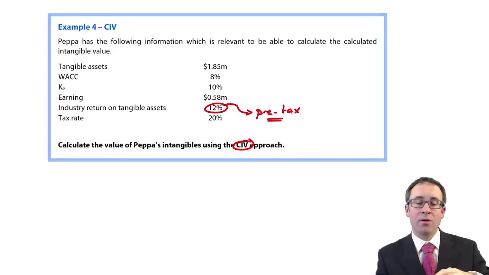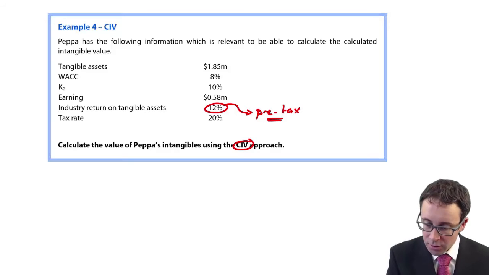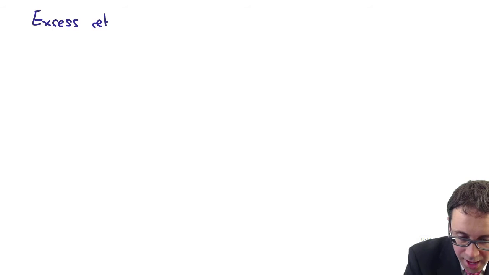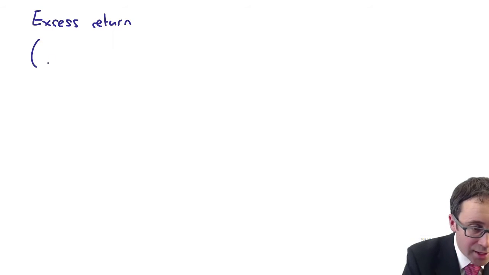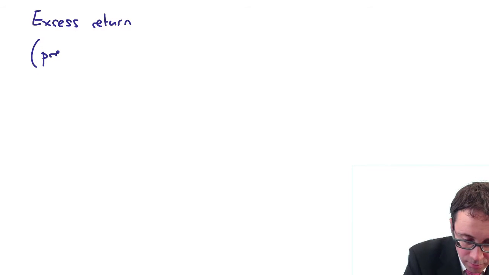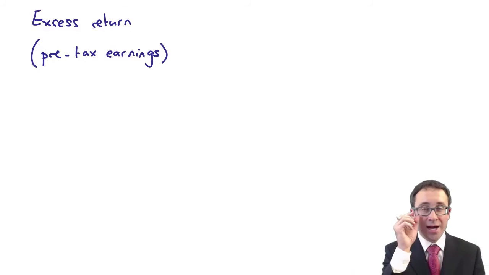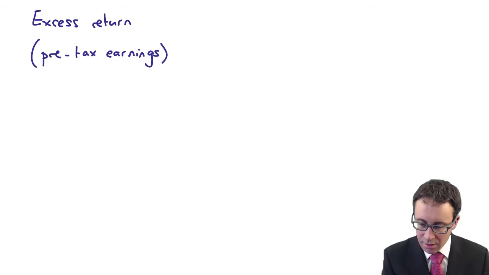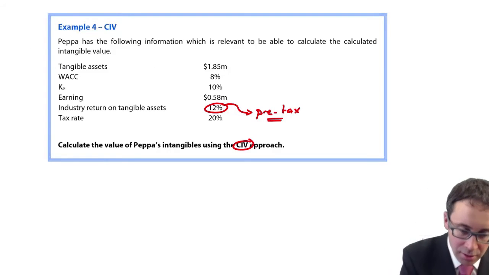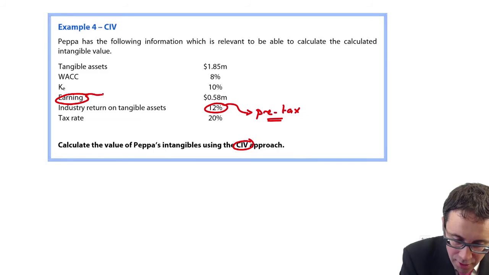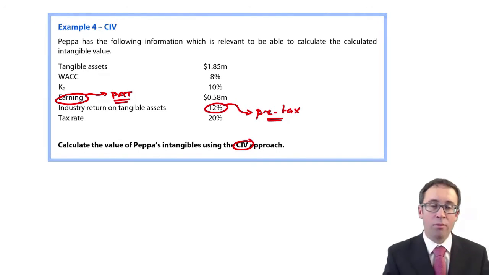So when we look at our excess return, which we will in a moment, we need to make sure that we look at our pre-tax earnings, or pre-tax profit. That throws a bit of a spanner in the works, because here we are given our earnings, and your earnings are effectively your profit after tax.